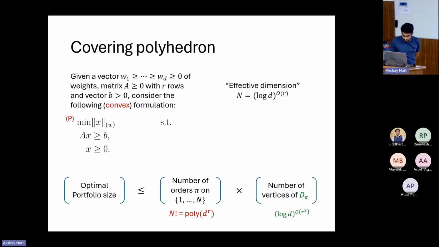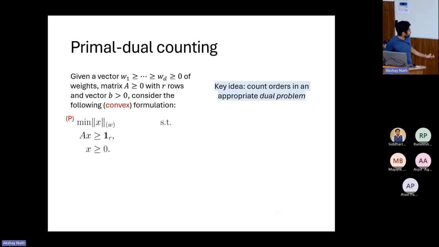And so here's the final trick: let me not count the number of orders in a primal problem. Let me define a proper dual problem, and let me count the number of orders in the dual problem. Now, of course, I'll need to define a mapping between orders in the primal problem and the dual problem, but let me say how to do that. Here's the key idea: you want to count orders in an appropriate dual problem, not in the primal problem.